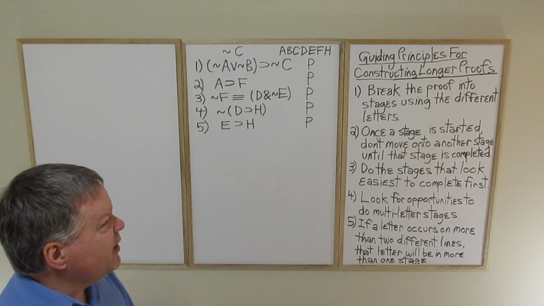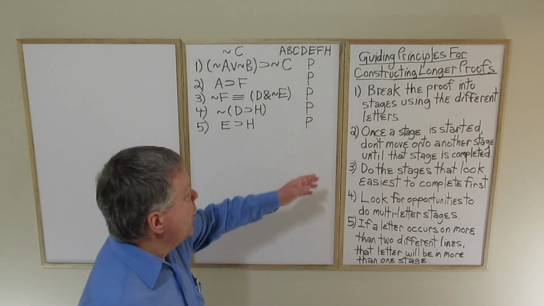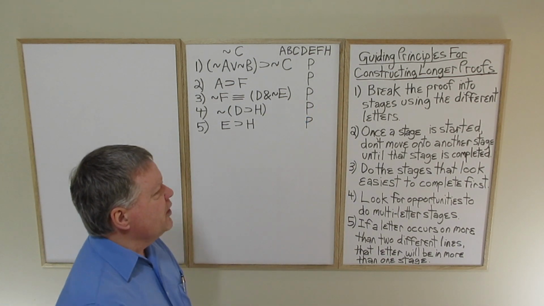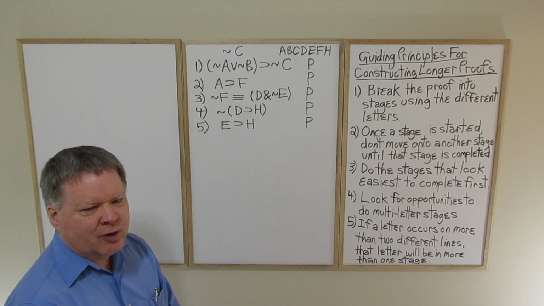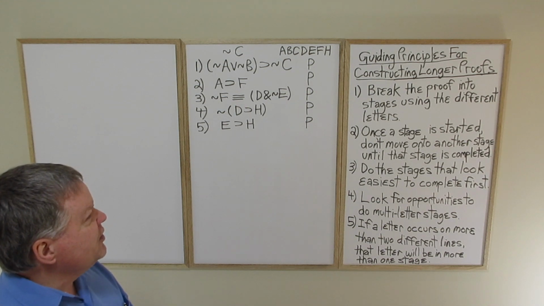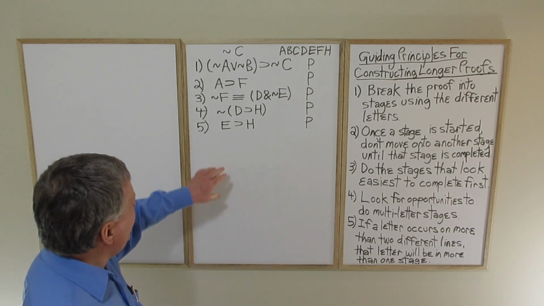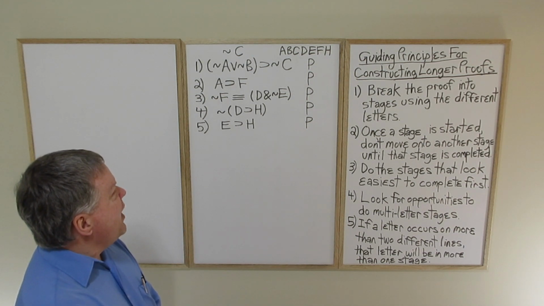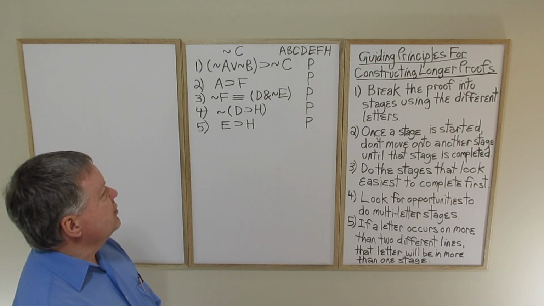Here are some guiding principles for constructing longer proofs. One of these, which has been mentioned already: break the proof into stages using the different capital letters, which indicate different types of information. In this first proof we're going to consider, there's A, B, C, D, E, F, and H related information.